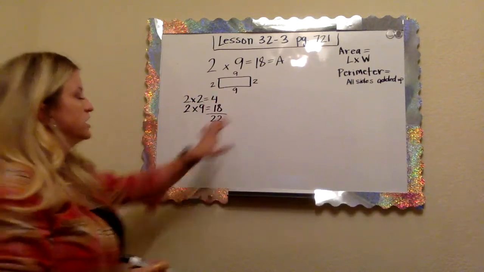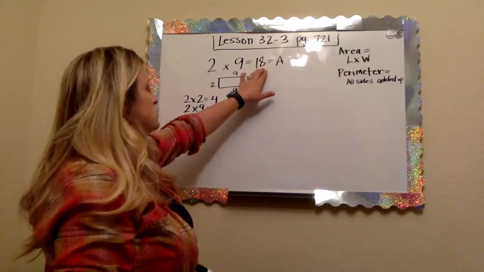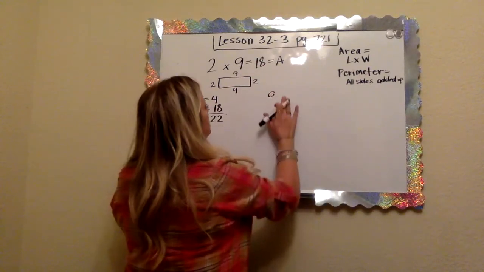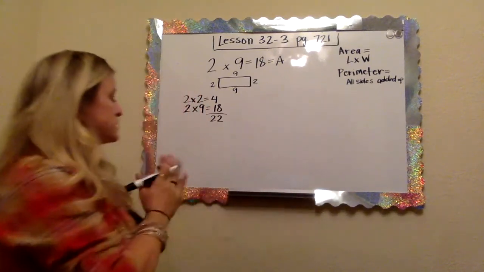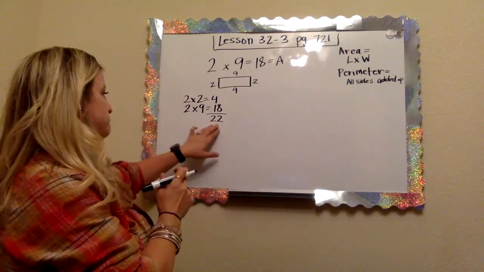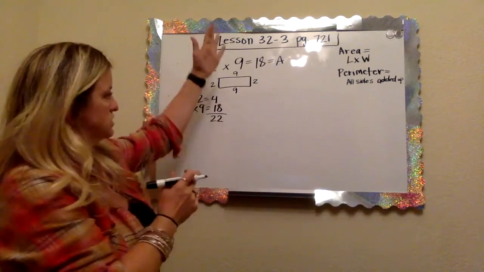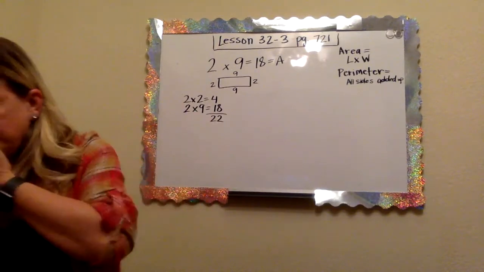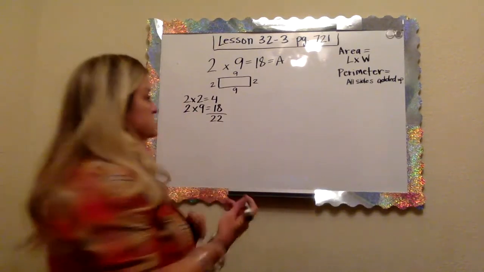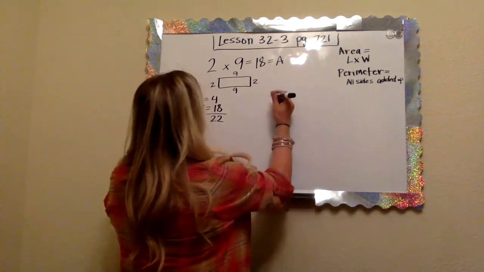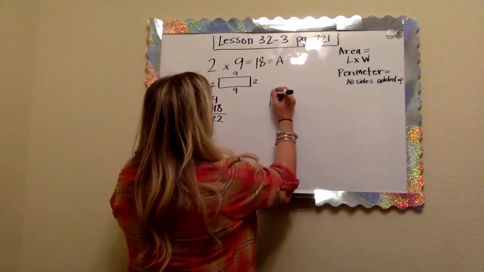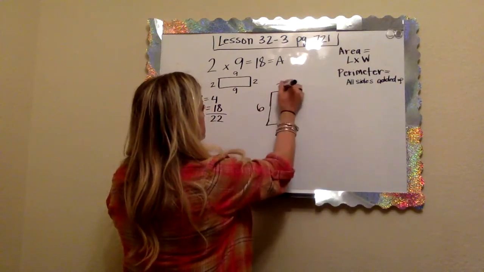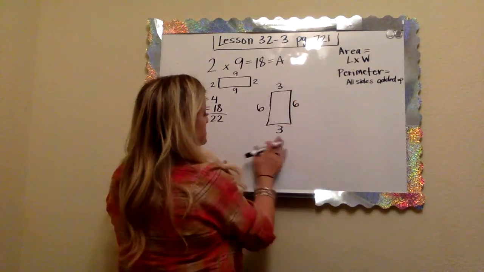So now I know that I need to find factors or multiples of 18. I can't do 9 times 2 because I'll get the same perimeter. It's just tilted over on its side. So I need to think of other factors of 18. The first one that comes to my mind is 6 times 3. If I have my blocks like this, there's a 6 and a 3, 6 and 3, because it's a rectangle.